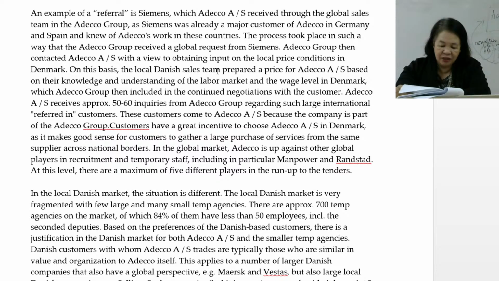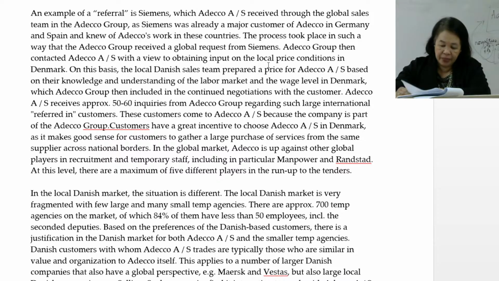Adecco Group then contacted Adecco AS with a view to obtaining input on the local price conditions in Denmark. On this basis, the local Danish sales team prepared a price for Adecco AS based on their knowledge and understanding of the labor market and the wage level in Denmark, which Adecco Group then included in the continued negotiations with the customer.